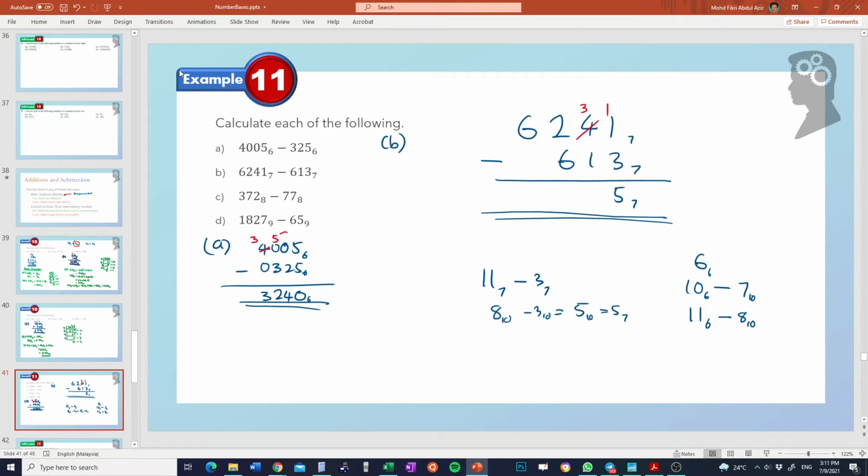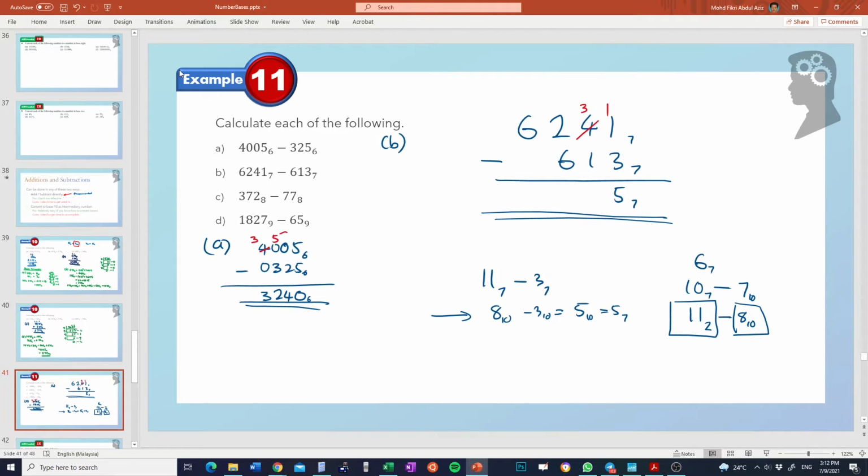Dan 8 tu dalam base 10, which is 1, 1 in base 7. Base 7, sorry. Oh, okay, base 7. 1, 1 in base 7. 11 tolak 3 jadi 8 base 10. So, kena tukar jadi base 7 lah. No, bukan macam tu. Oh, iyalah, betul. Ya, betul. 8 minus 3 is 5.